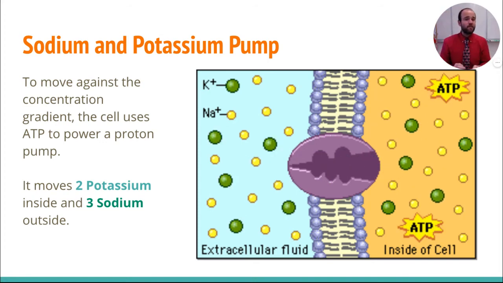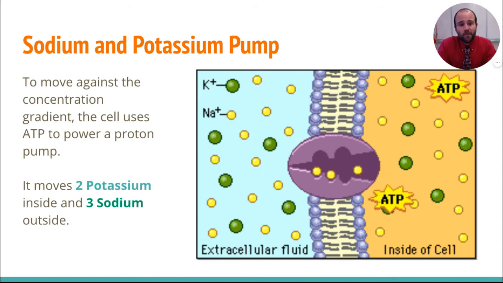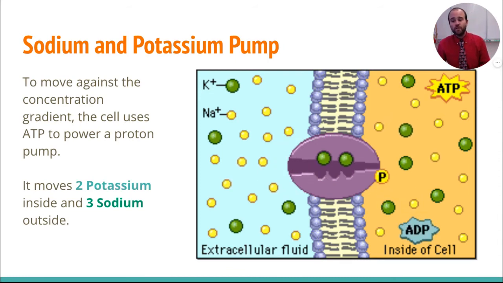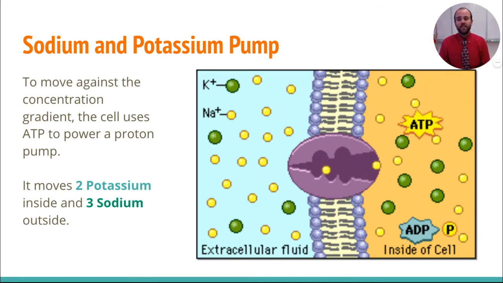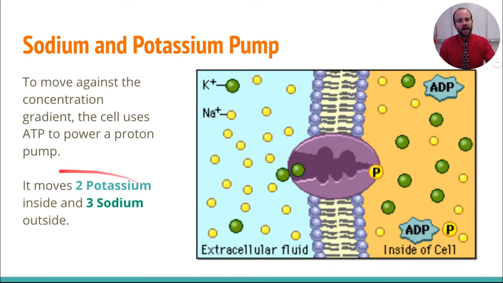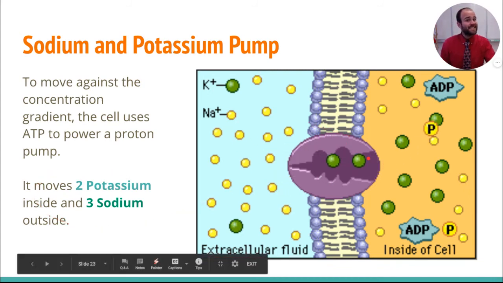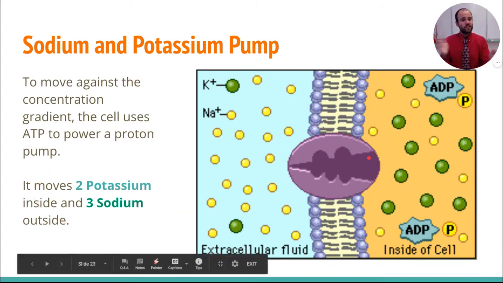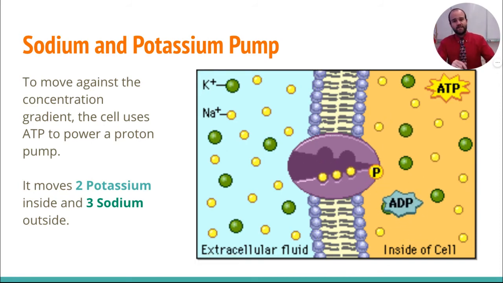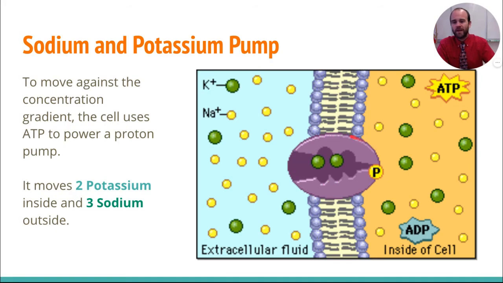And this sodium potassium pump, which we'll talk about later when we talk about neurons, is going to move 2 potassium inside your cell and 3 sodium outside your cell to keep these concentration gradients stable. They don't want the concentration gradients balancing out. It wants to keep a gradient. And we'll talk about later why you might want to keep a gradient.